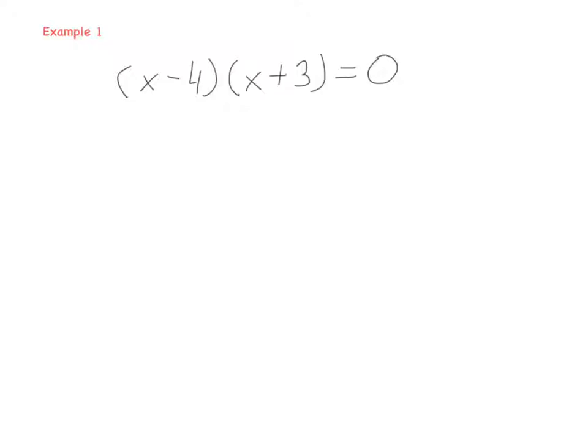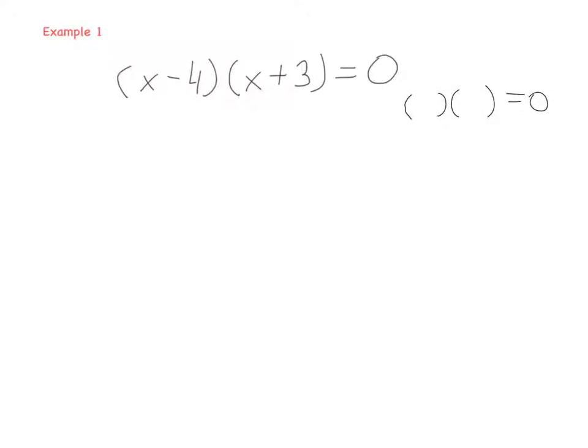Okay, so let's start with the first question, the really easy, basic one, where half of the work is done for us. We have two back-to-back brackets, and we need to solve this equation. Solve means find what x is, okay? As you can see, we have two brackets, and that equals 0. So let's see when two factors equal 0.